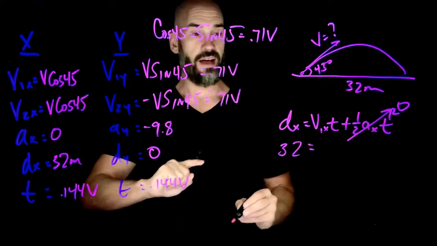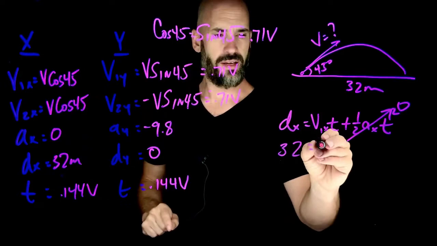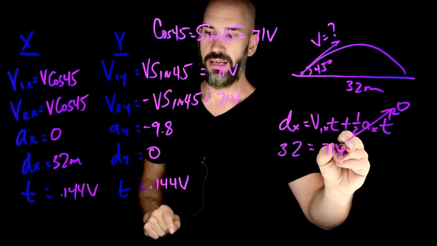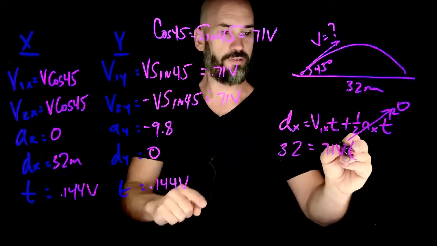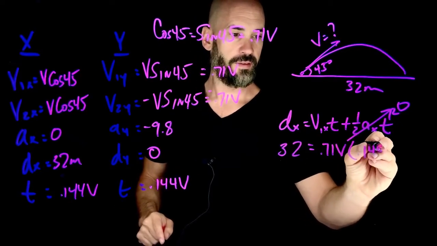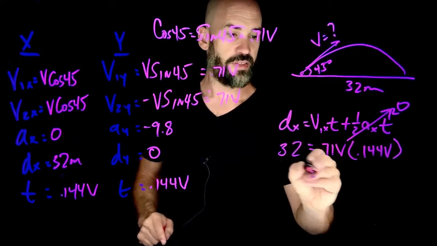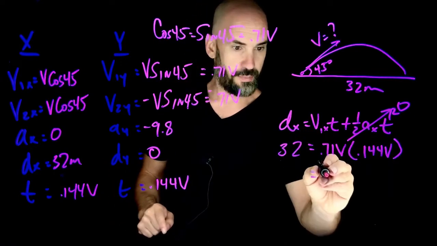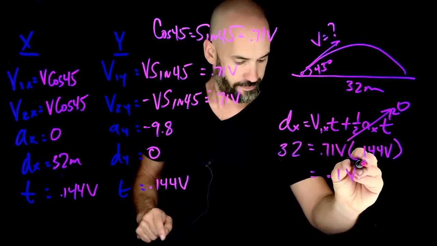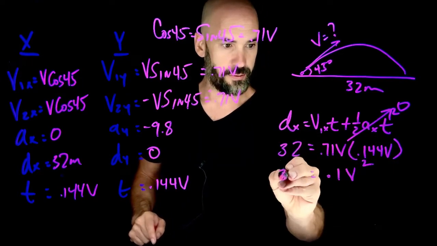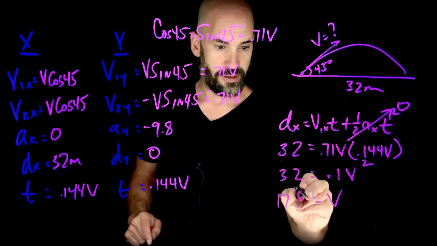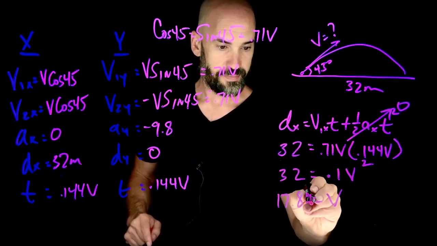I have my v1x, which is, again, 0.71 v, and my t is 0.144 v, right? So then this just becomes something times v squared, right? I actually get about 0.1 v squared equals 32, and then when I solve for v, I get 17.8 meters per second, okay?